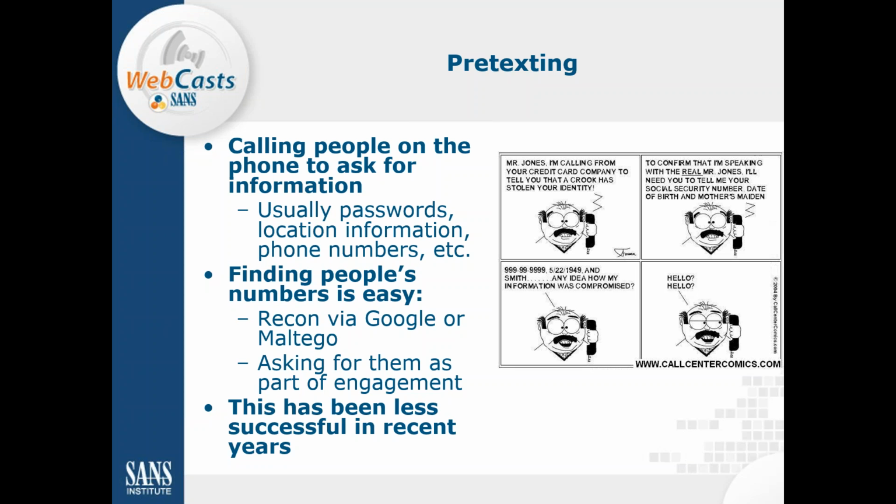So the gender actually matters in terms of calling people randomly out of the blue and trying to entice them to do things. Finding people's numbers is not hard. Very often I'm given those as part of my engagements, but if I don't have those in front of me, I can usually at least track down a few of them. And what you'll often also find is that people today are a bit more suspicious unless there's a sort of emotional tie-in to the call.